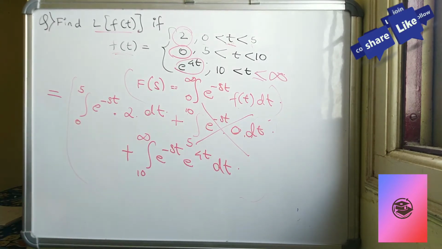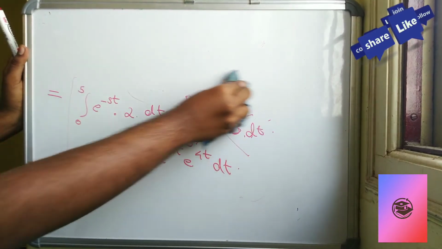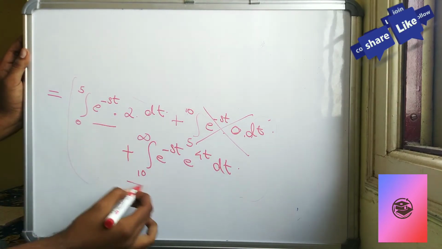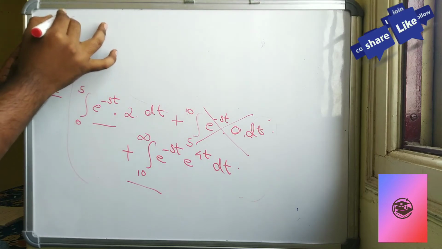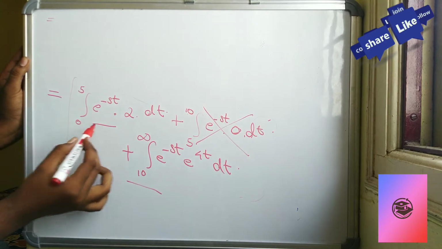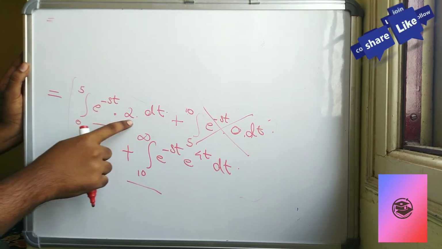So I'll just do it. Now I have this function and this, right? So it is equal to the integral from 0 to 5. I'll just integrate it. Observe here, e power minus st into 2.